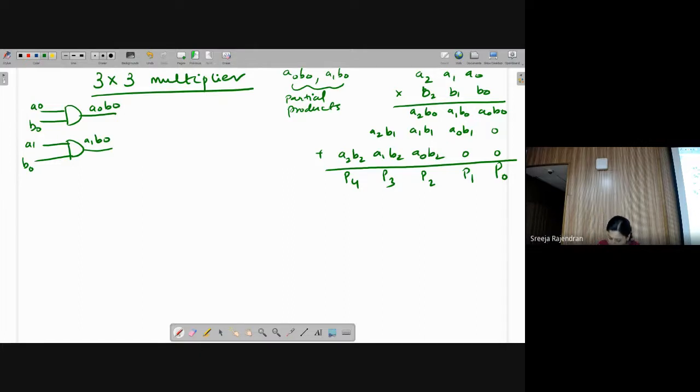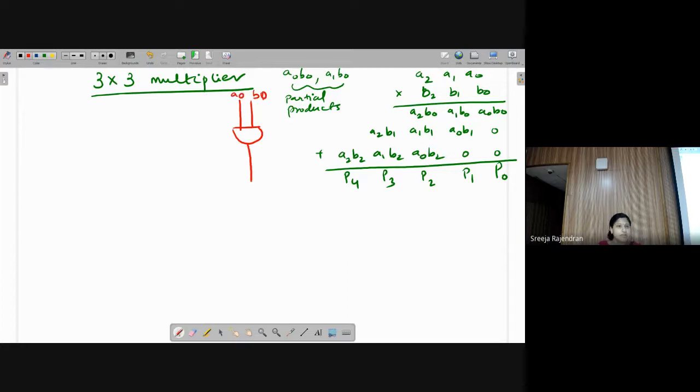Now the first product is going to be just an AND gate. P0 is generated by this AND gate itself. There is no addition happening there for the LSB. This P0 is A0B0 plus 0 plus 0. I don't need to add 0 and 0 because it does not make any change to my number.